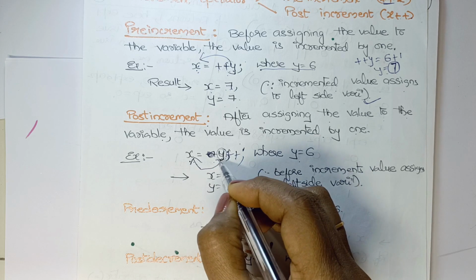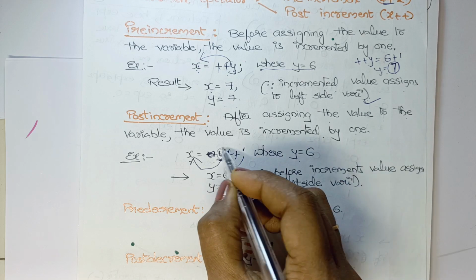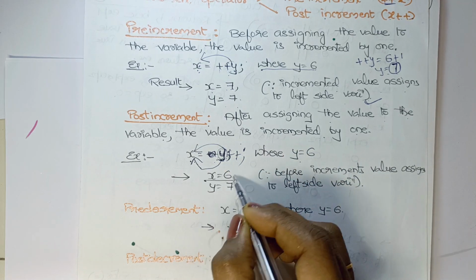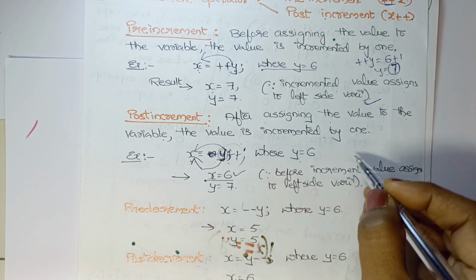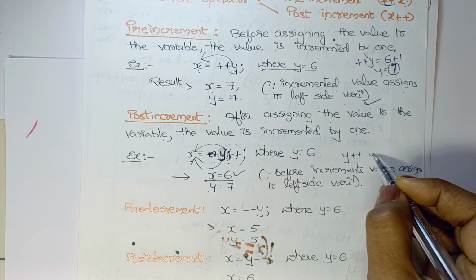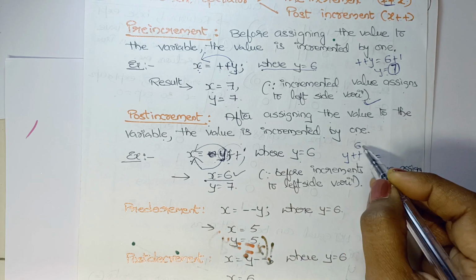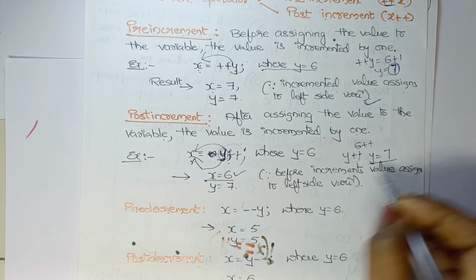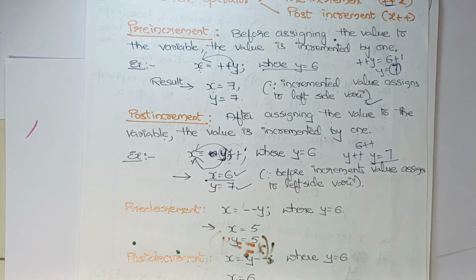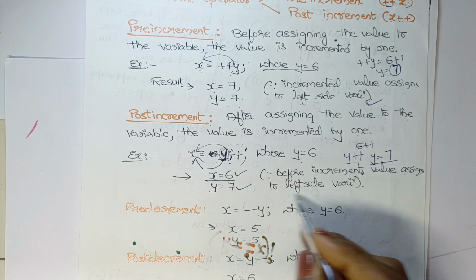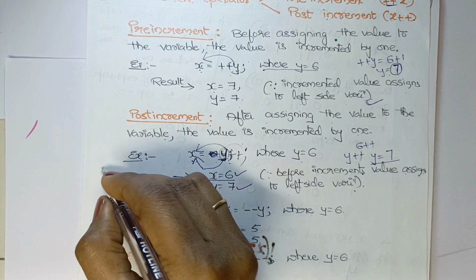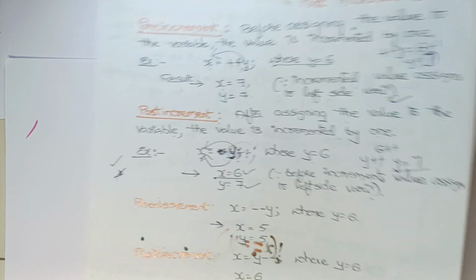Here y is 6, and 6 will be assigned to x, so now x is equal to 6. After that the y value will be incremented, so y is equal to 7. Before the increment, the value is assigned to the left side variable. These are the important topics.